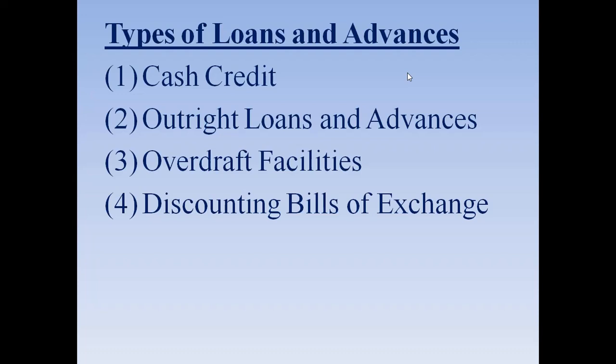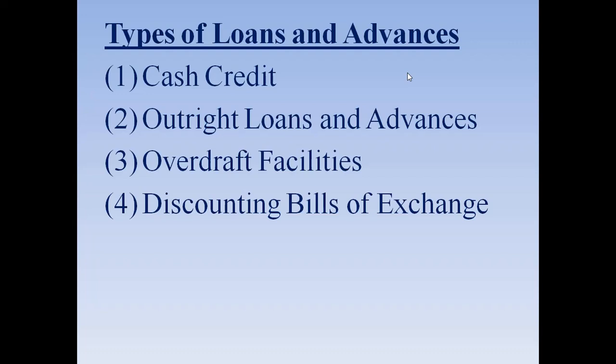Now, number 4, discounting bills of exchange. We have already observed this in class 11 also. You must have done this in the chapter bills of exchange. So the banks provide the facility of discounting the bills of exchange.